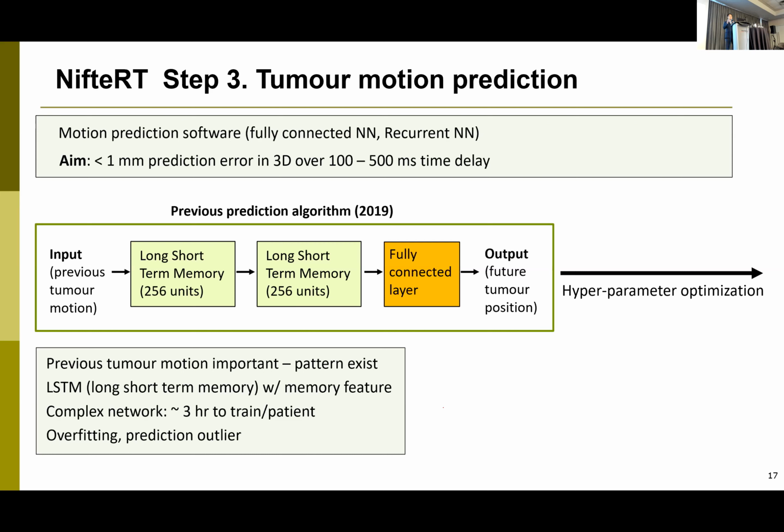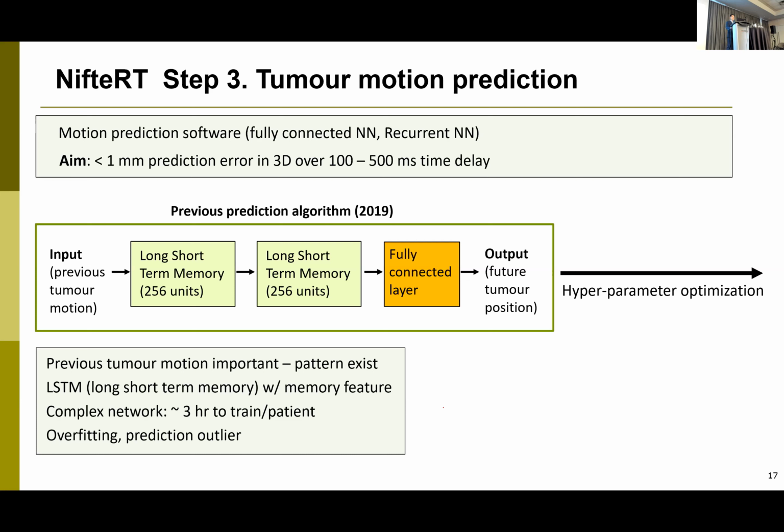During a couple of minutes of beam on time, right? The actual beam on time is about 2-3 minutes, that's it. The breathing pattern should be staying more or less the same, and that's the assumption. Therefore, if you can use the previous memory, then it will be really beneficial for prediction.